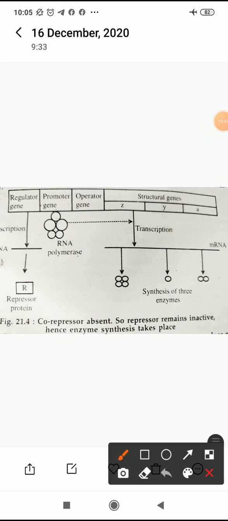When the co-repressor is absent, the repressor is inactive and does not bind to the operator gene. When the repressor does not bind to the operator gene, the path of the RNA polymerase enzyme is clear, which can reach the structural gene, and synthesis of all three enzymes takes place.